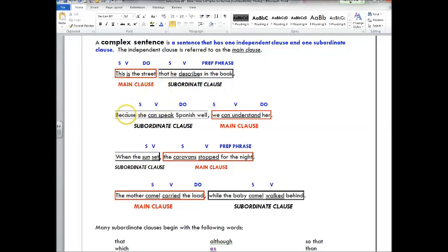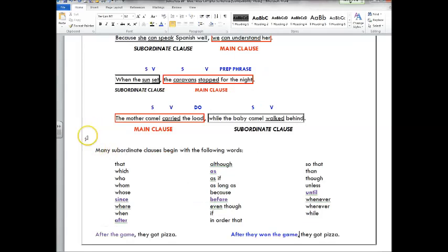The words that start your subordinate clause are conjunctions. And there are certain ones that many subordinate clauses start with. You should become familiar with them as the conjunction beginning a subordinate clause.